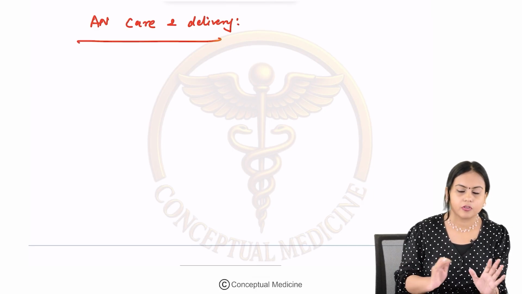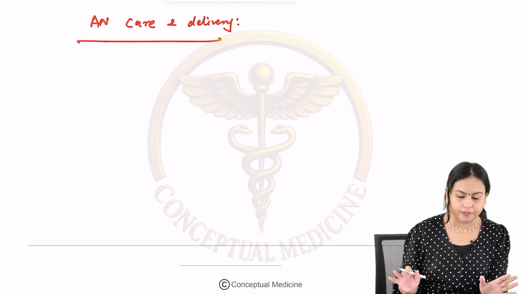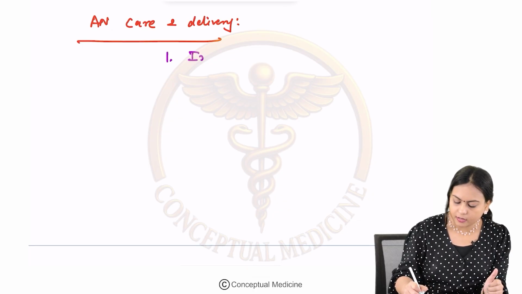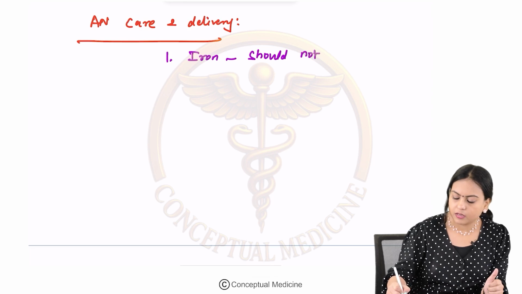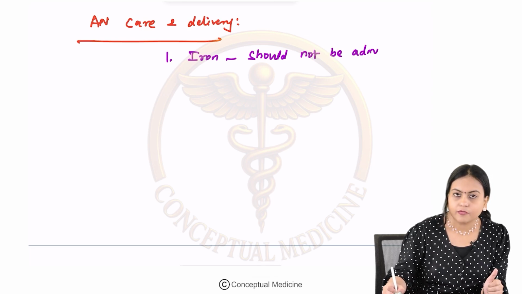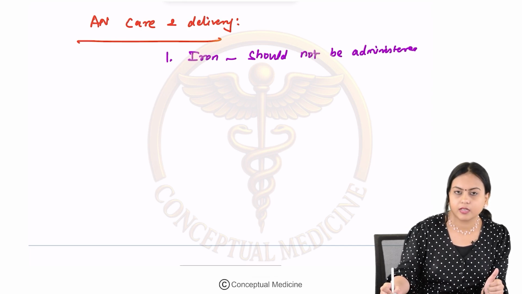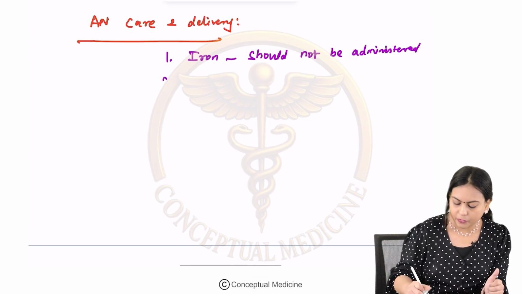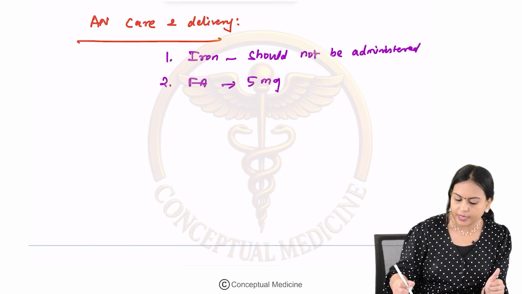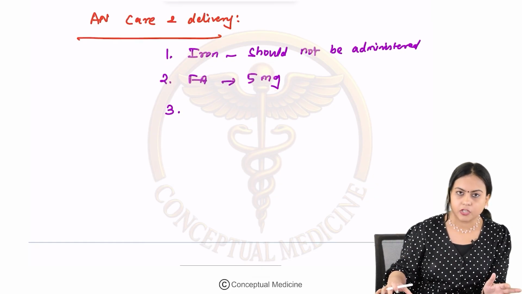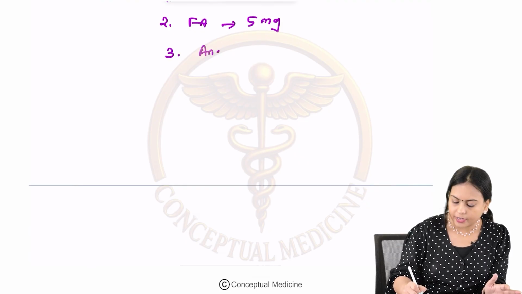So, first step, you are not going to administer her iron. So, iron should not be administered. And what is the folic acid dose? Yes, it is 5 milligram. So, folic acid should be given at a dose of 5 milligram, and you have to keep a check on anemia and infections.